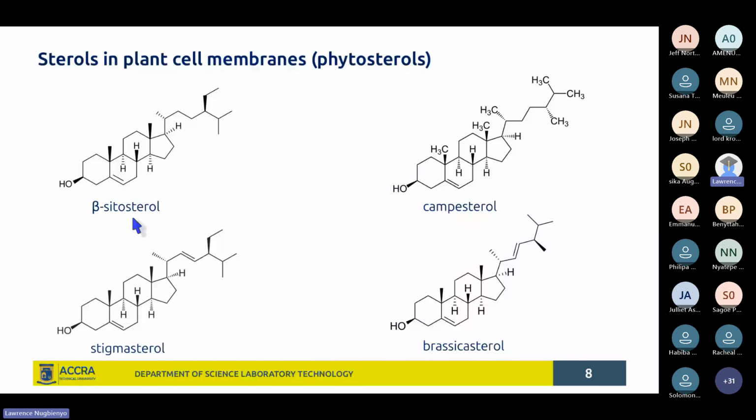In fact, these sterols have been applied for conditions with an increase in cholesterol in, say, blood, so that there are supplements which mainly consist of these phytosterols that are prescribed, that are taken to reduce cholesterol levels in blood.